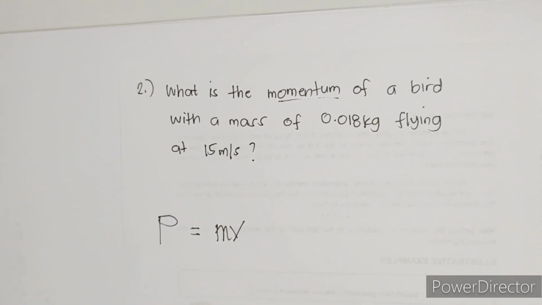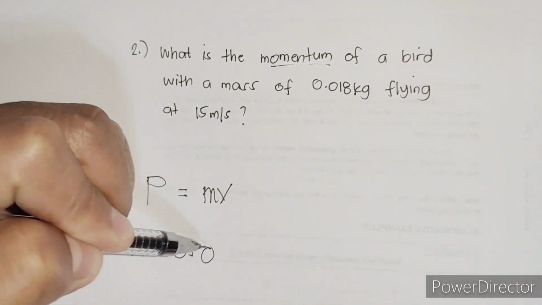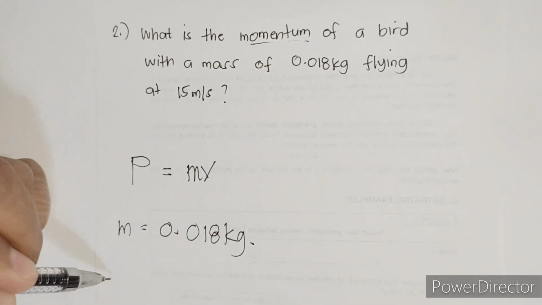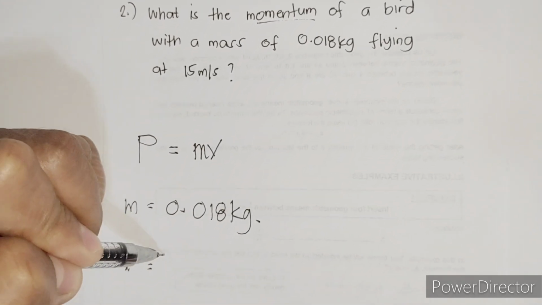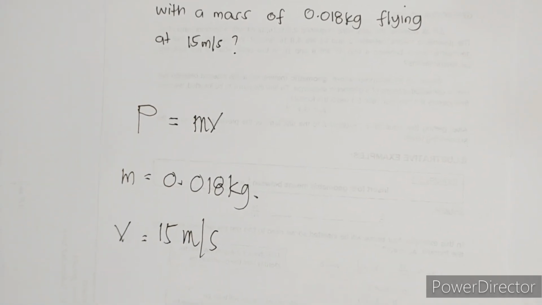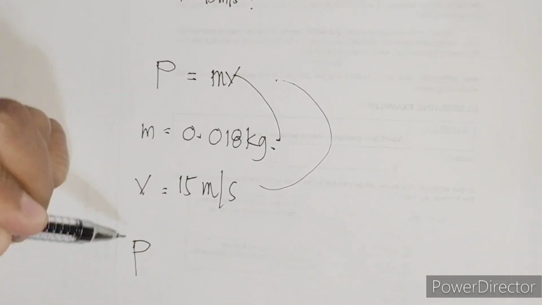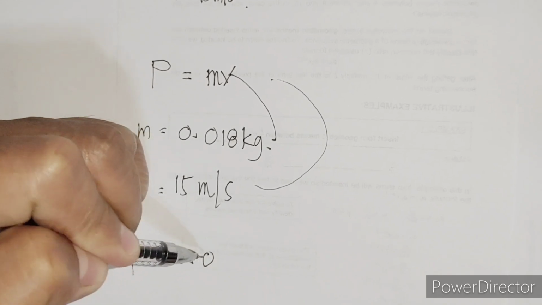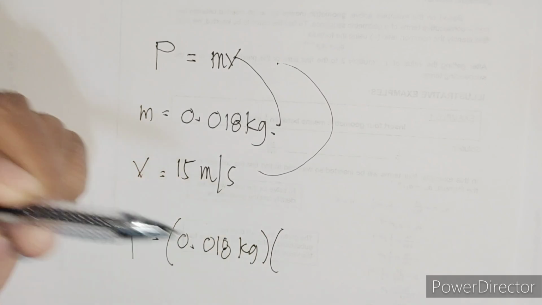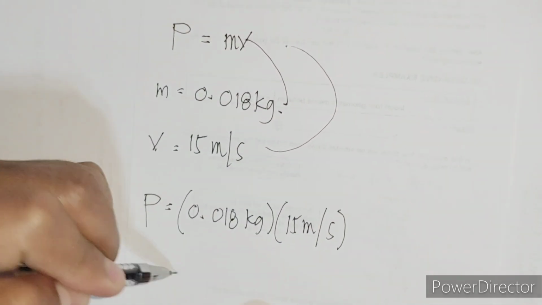Yes. Okay? And in this particular example, our mass is obviously 0.018 kilogram. While our velocity is equal to 15 meter per second. Isn't it? Yes. Okay, following our example, by substituting, P is equal to mass which is 0.018 kilogram, i-multiply natin mga anak ang 15 meter per second using our calculator.